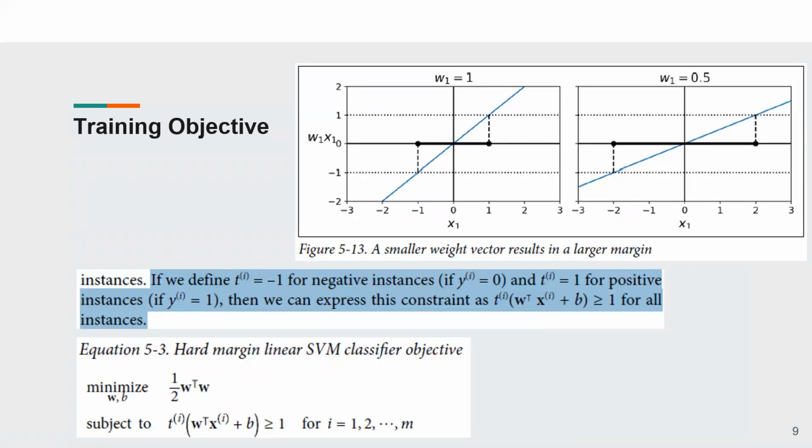Here, I'm trying to give you more explanation on what exactly is happening in support vector classifiers. So in this case, if we define something called T, but before we do that, one thing you should be aware of on the top right chart is W. We have that Wx plus B, right?